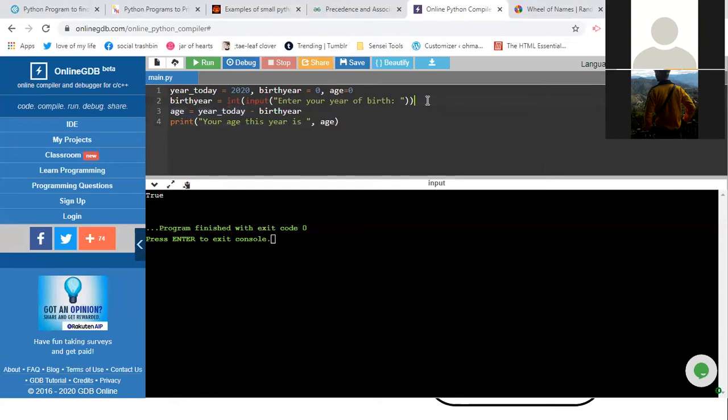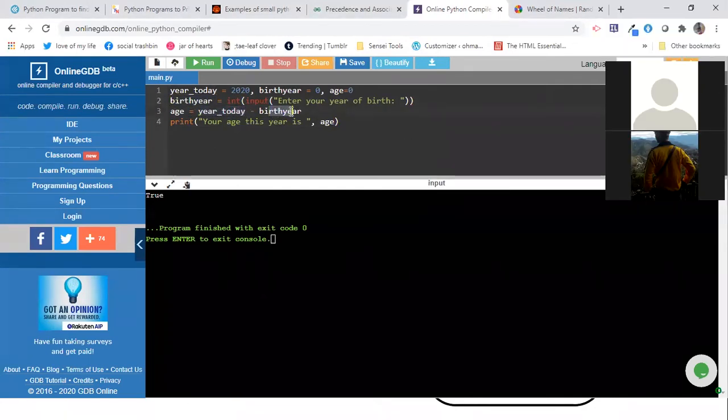Why do we have to use int? Data type. Because it's a number, ma'am. By default, if there is no int, a string value will come in for birth year. Then when we get to line 3, year today is an integer or number, and birth year is a string. That will cause an error.